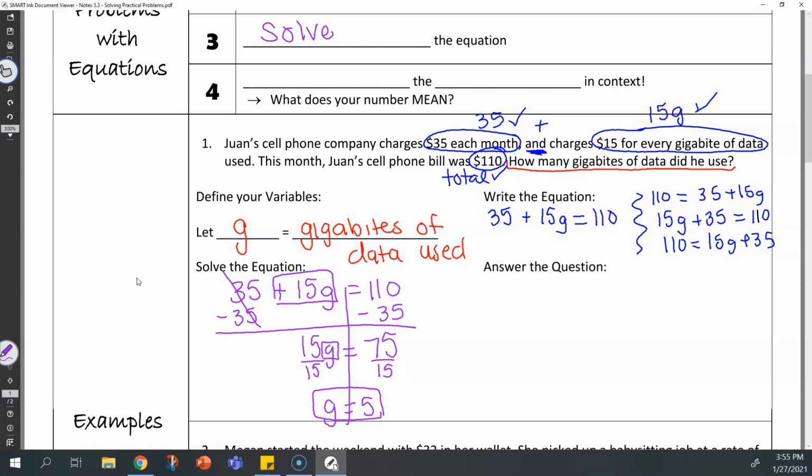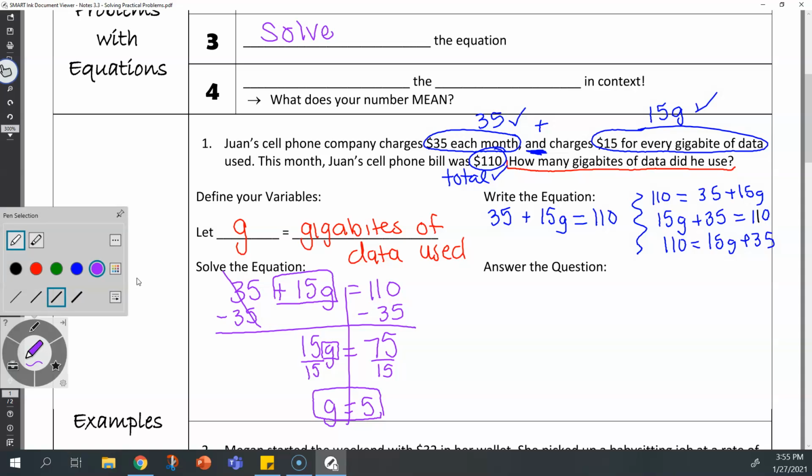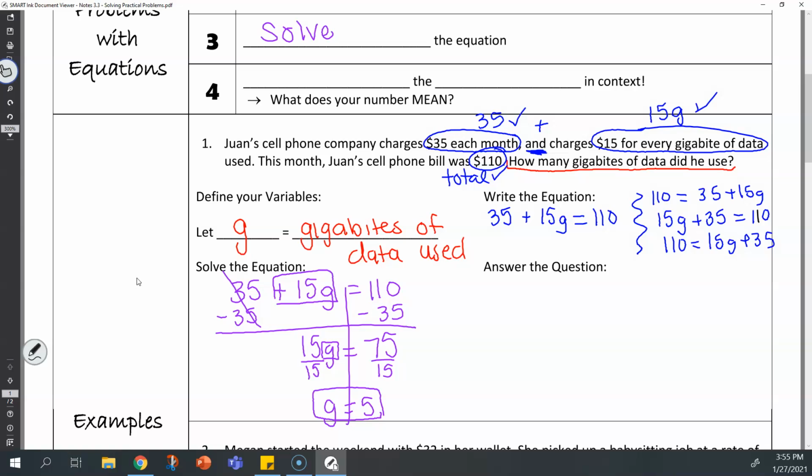The last step when I'm solving a word problem is to answer the question in context. Okay, and all that really requires is going back to the question part.